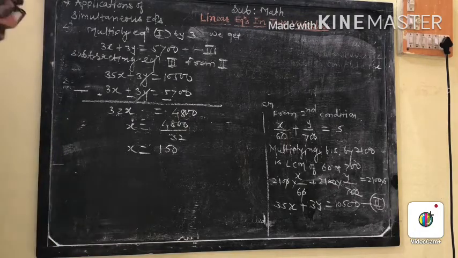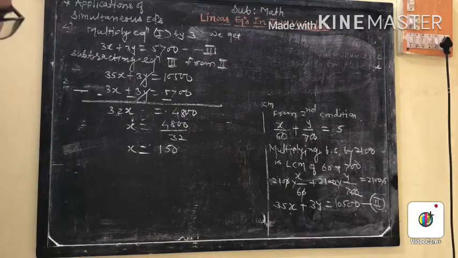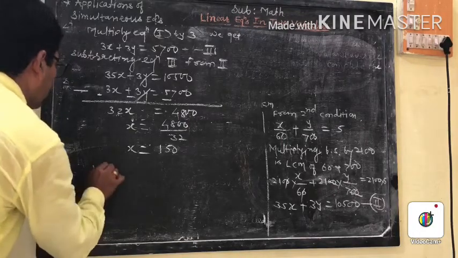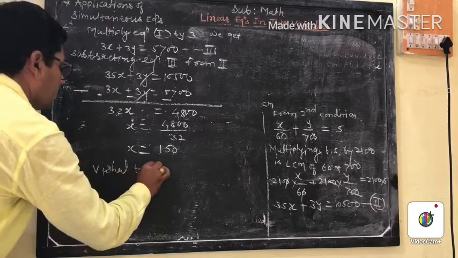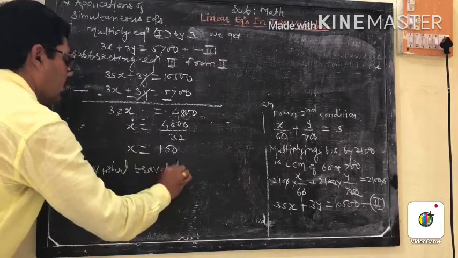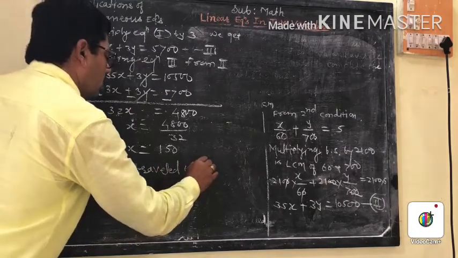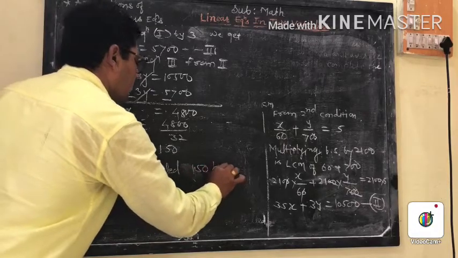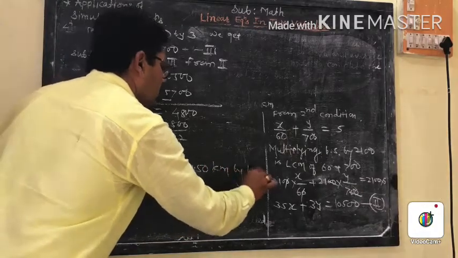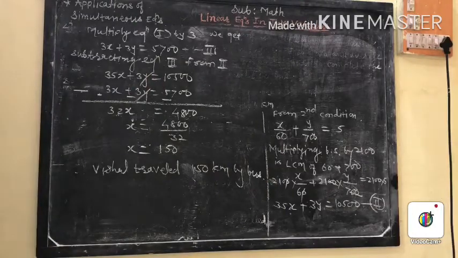This is 150 kilometer. So Vishal traveled 150 kilometer by bus. Solve exercise 1.5 in this way.